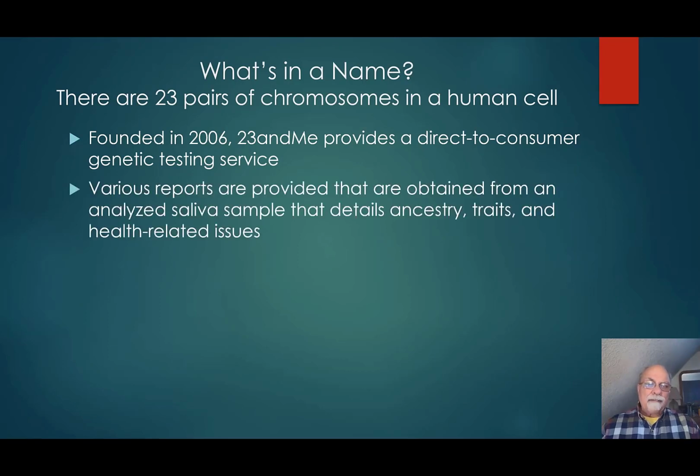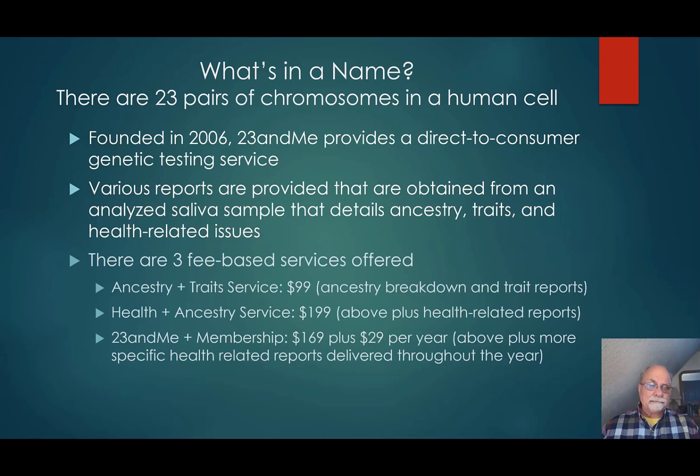They will provide various reports obtained from an analyzed saliva sample that detail your ancestry, traits, and health-related issues. Now, there are 3 fee-based services offered. The basic one is the Ancestry and Traits service. That's $99, and that gives an ancestry breakdown and what's called trait reports.